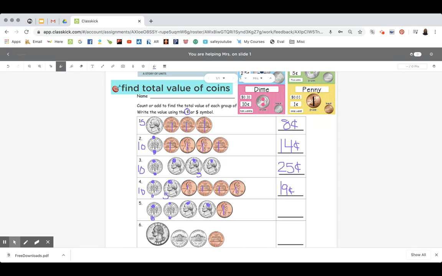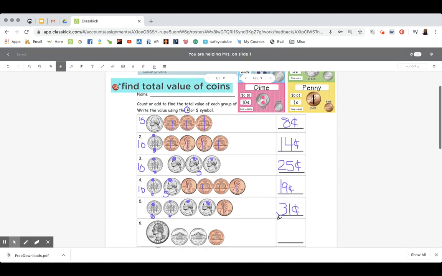So I could either count 10, 20, 25, 30, 31, or I can count by fives and then add one more at the end, like this. 5, 10, 15, 20, 25, 30, 31 cents. Again, don't forget to put your cent sign at the end.